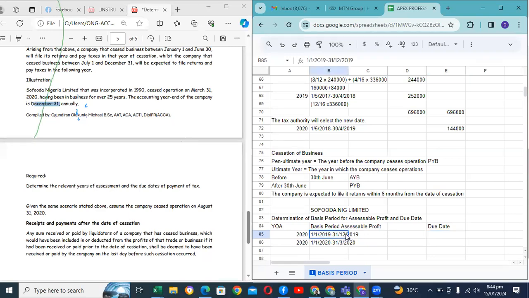What's 6 months after the accounting year? That will be 30th June 2020. And the due date for the next one will be 6 months after March, and that's 30th September 2020. Is that clear, everyone?